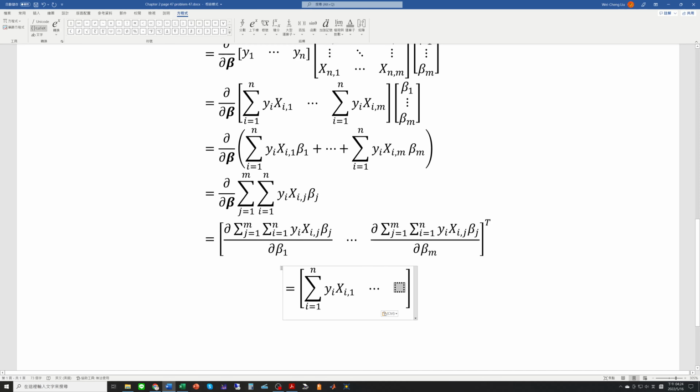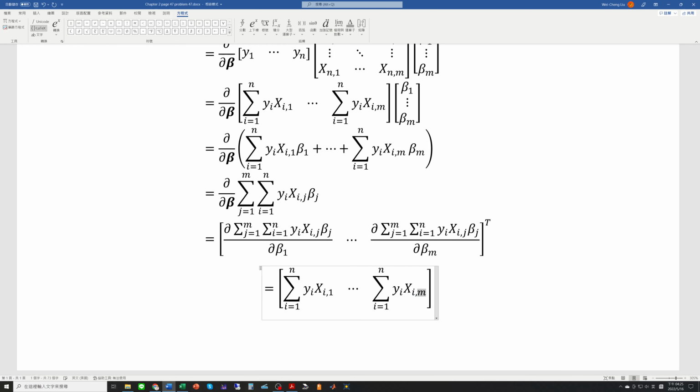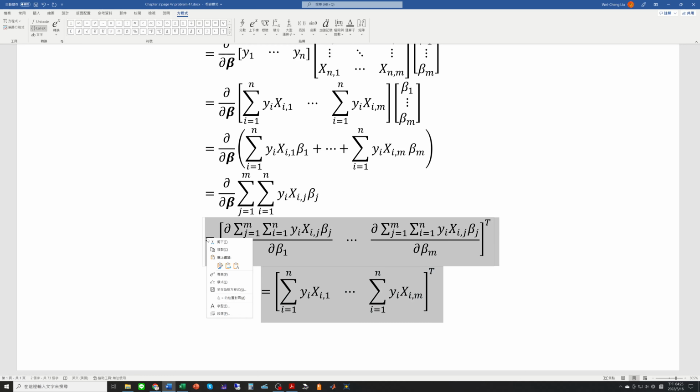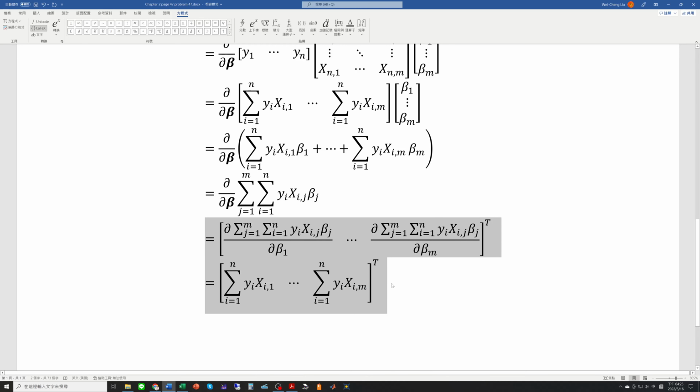So all we need to do is to copy the first element and change the index 1 to m. It is very convenient. And take the transpose. Let me align at the equality. Good.